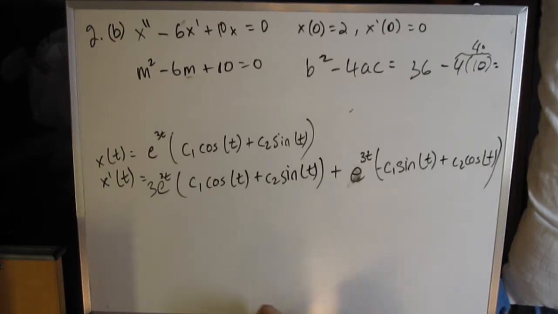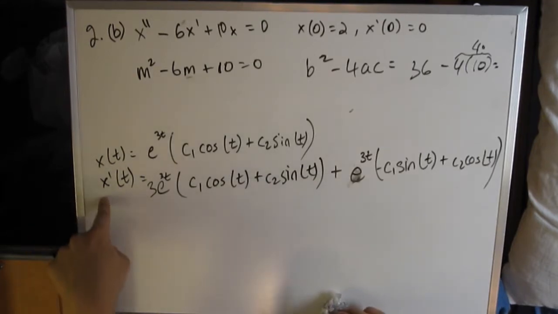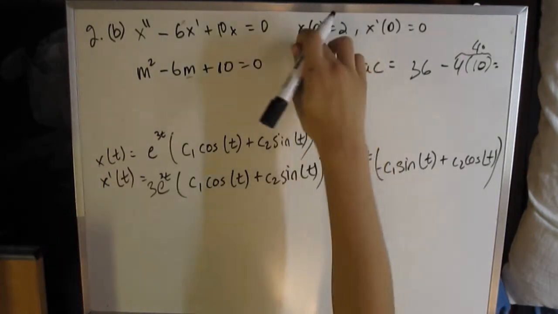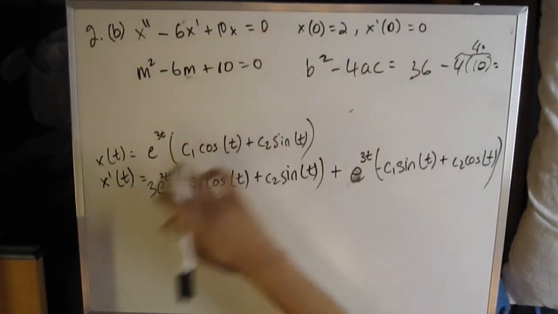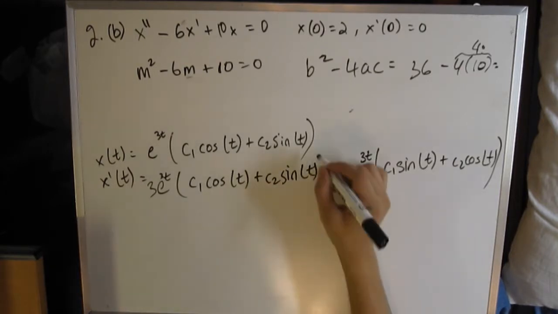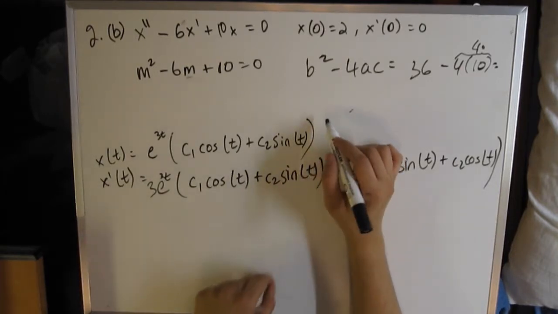And basically that's our first derivative of x, and that's our x. And we're just going to go ahead and substitute these initial values in to first get a relationship between c1 and c2, or maybe get a value for c1 or c2. So we'll go ahead and do that here.